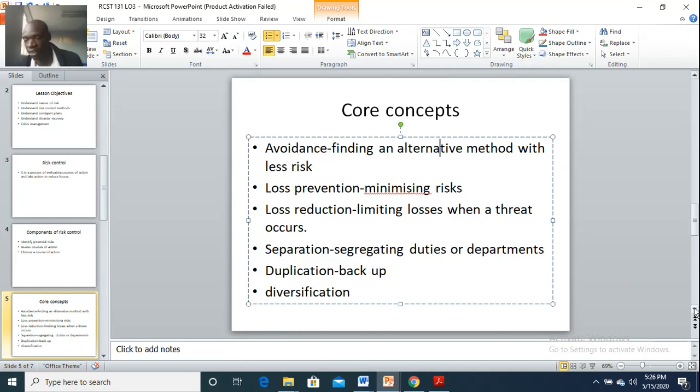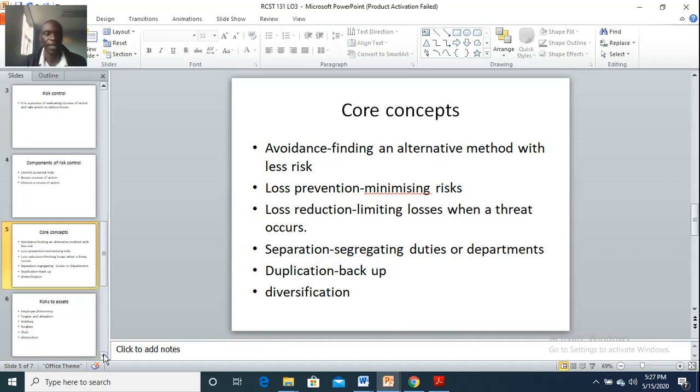If it doesn't work, you go to the other one. So when we are controlling risk, either avoid, stop the loss, reduce it, or segregate. This can help you in your organization.